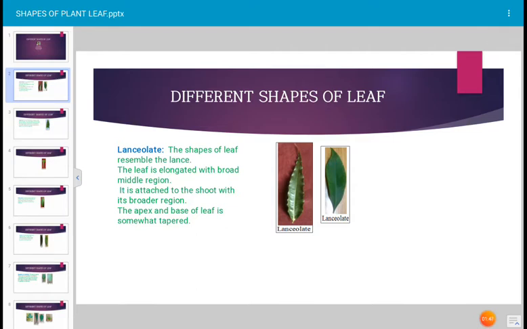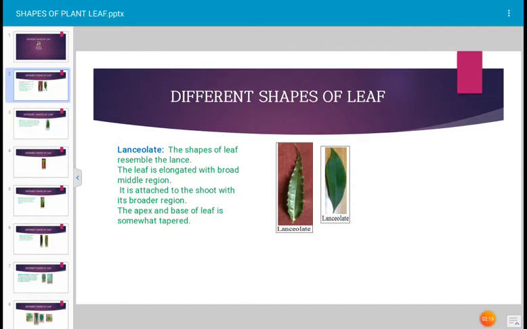The leaf shape plays an important role because it has several characteristic features: the base is different, apex is different, margins are different. There are many qualitative and quantitative characteristics in leaf which play a very important role in identification of the plant. Let us see the different shapes of leaf.